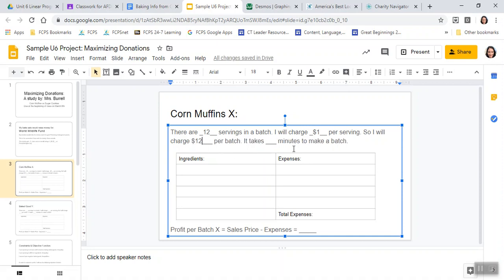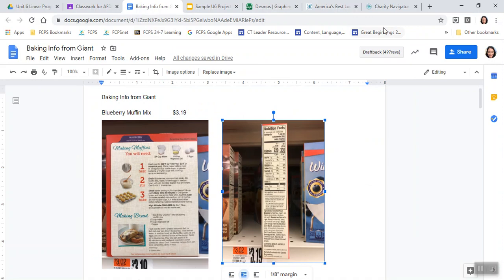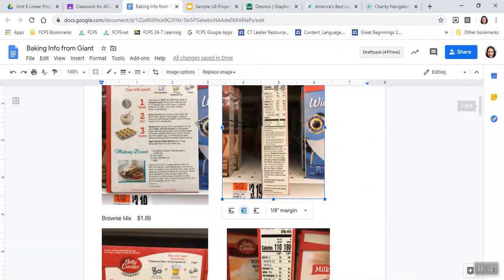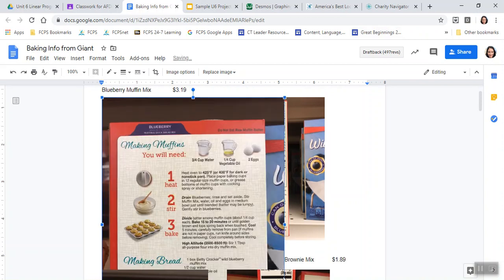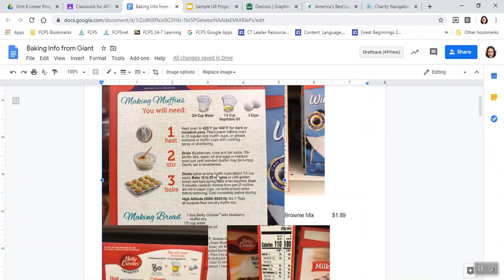And it takes blank minutes to make a batch. So that information is also on your baking info. Okay, so I'm looking at blueberry muffins here. Okay, if you look, it tells you how long to bake for. So it says to bake 15 to 20 minutes, and you have to choose one number.